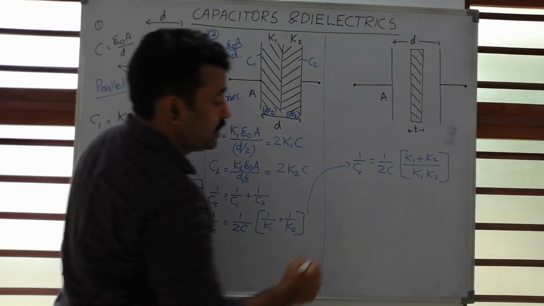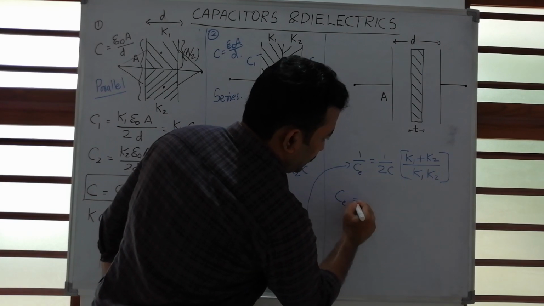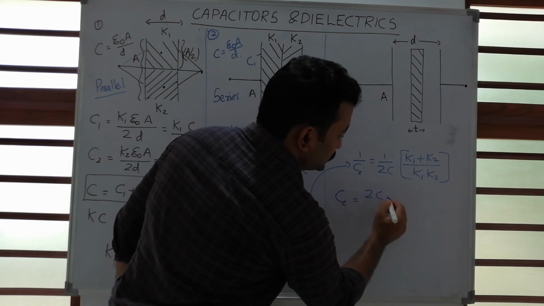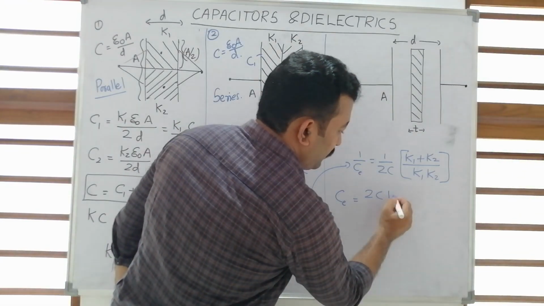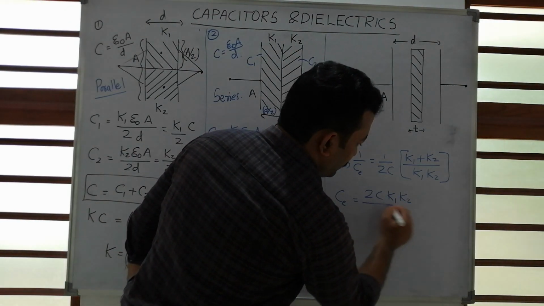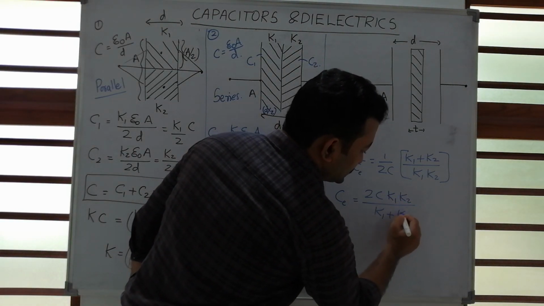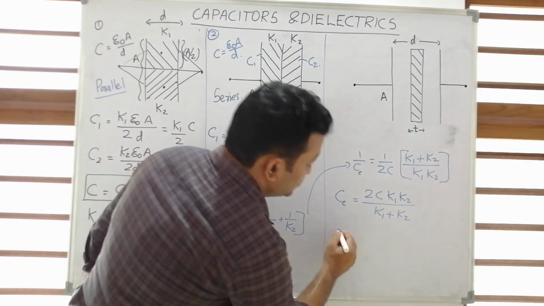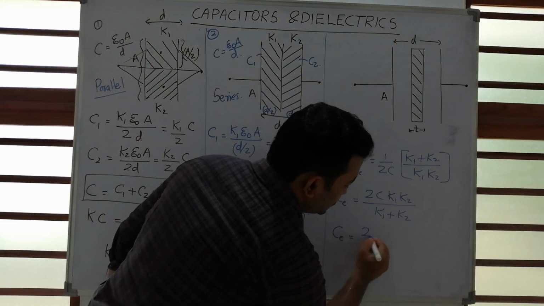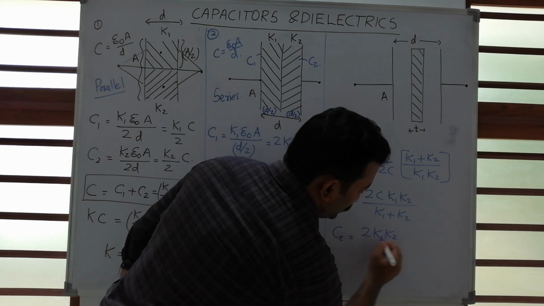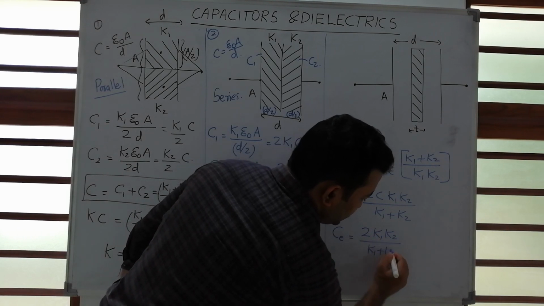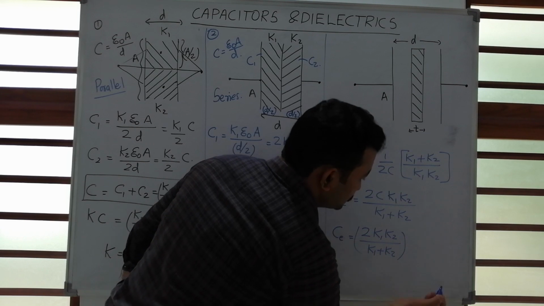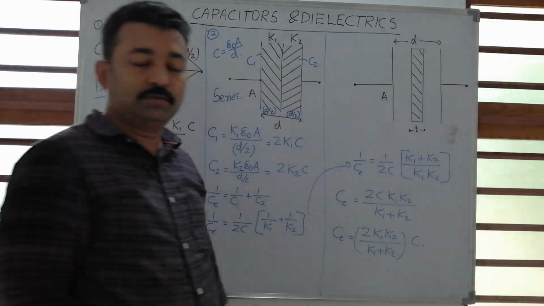C effective becomes 2C K1 K2 divided by K1 plus K2. Or how it got altered, we can say C effective is just like a new dielectric with this much value is introduced, and the initial capacity.